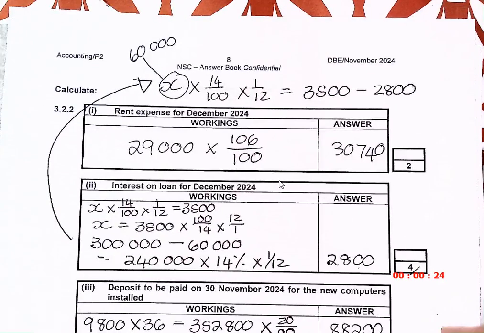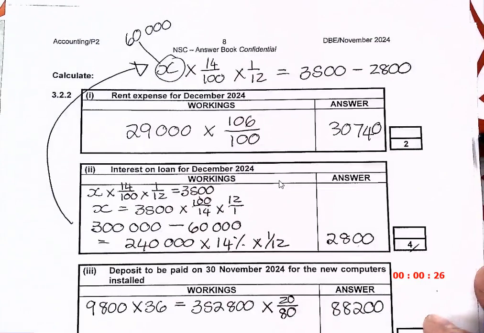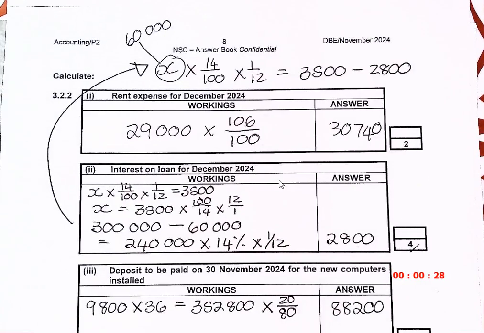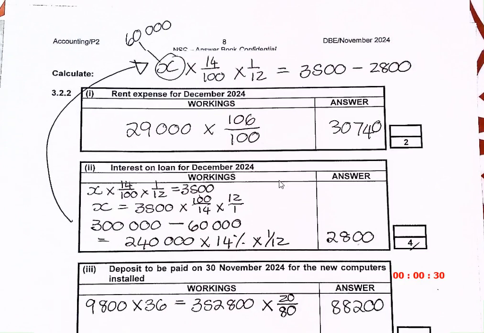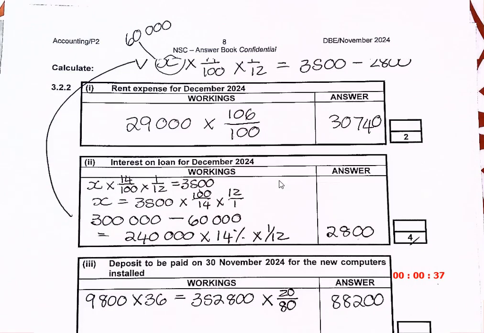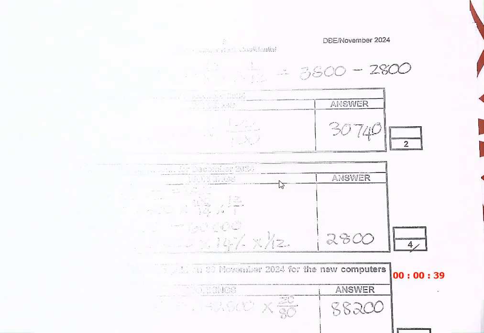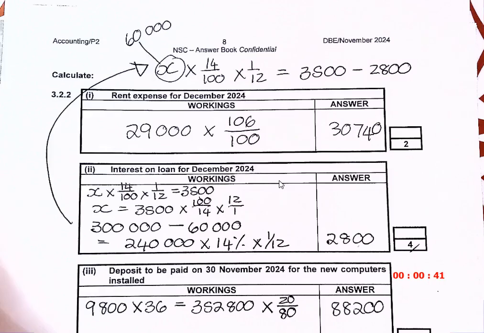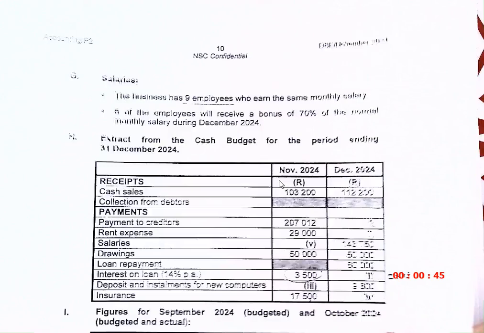Okay, so loan, what I did, they are telling me that I paid back 60,000 on the loan, right? So if I look at my information, it gives me the interest on loan.